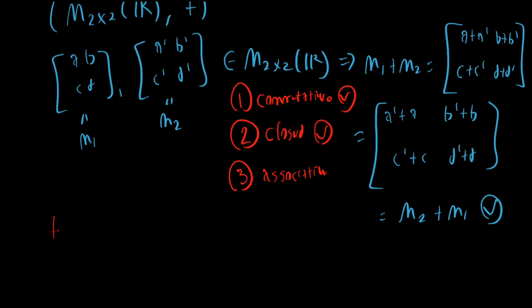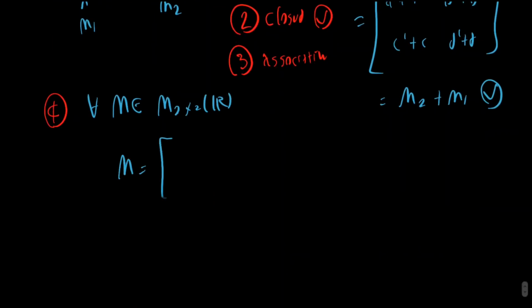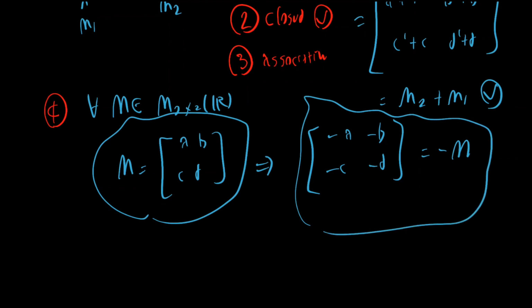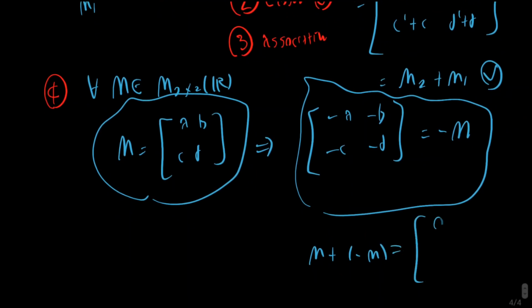And as a conclusion, we know that for each element, so for each m in this set, that we can call A, B, C, and D, then the matrix minus A, minus B, minus C, minus D is its inverse, that we'll call minus m. So for each element we can find an inverse, particularly this matrix here. In fact, you can check that if you sum them, you get this matrix here.